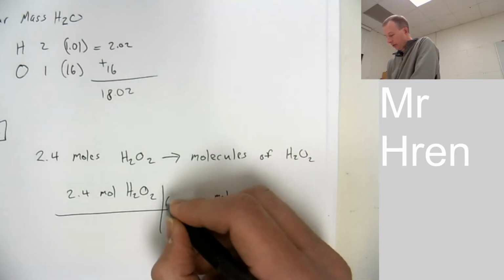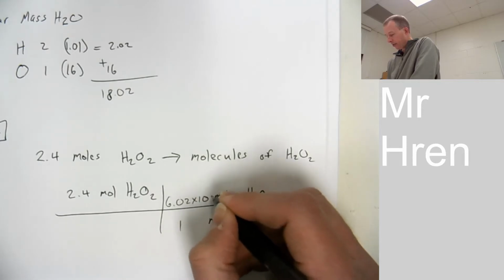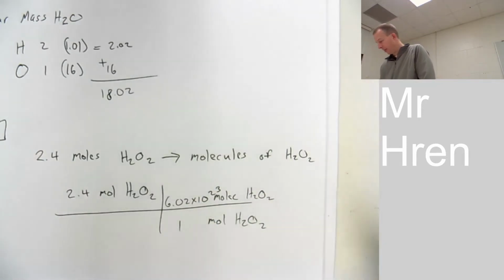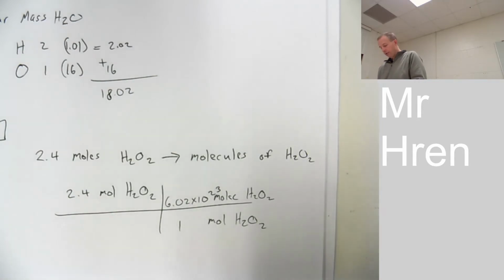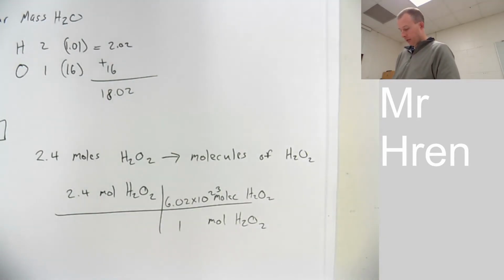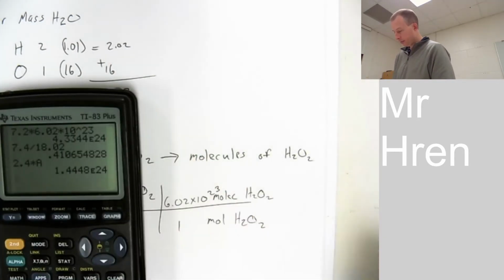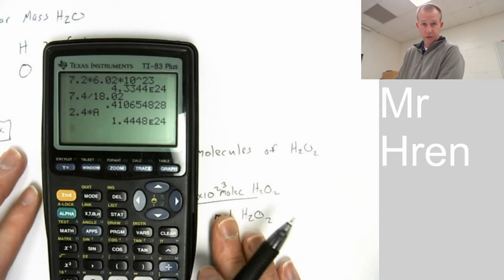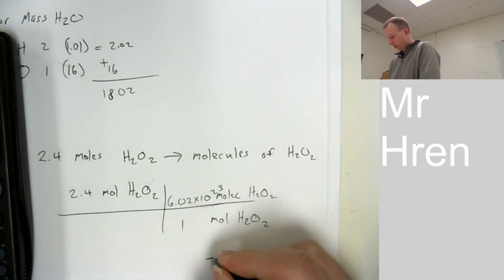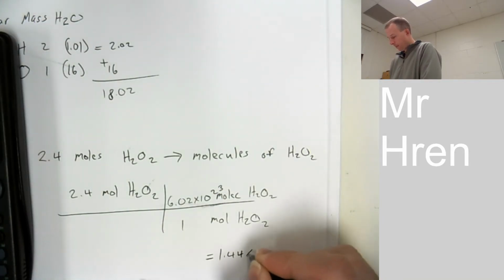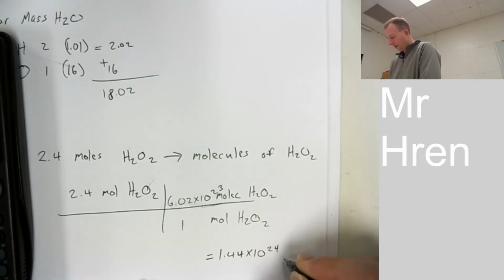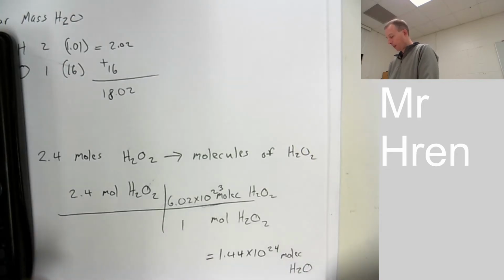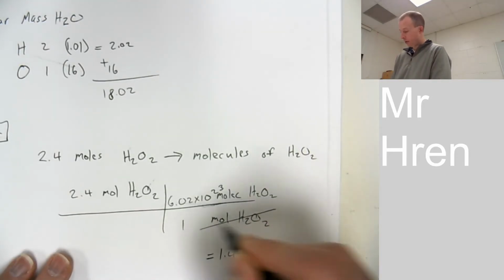So 1 mole, and you're multiplying by Avogadro's number. You're doing 2.4 times Avogadro's number, which I have saved as A in my calculator. That gives us 1.44 times 10 to the 24th. So there you go, those cancel.